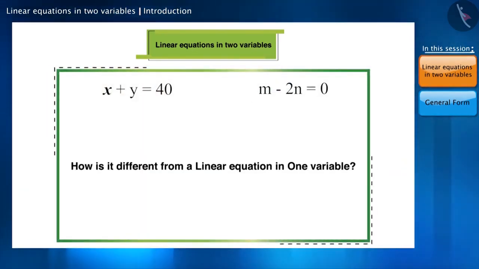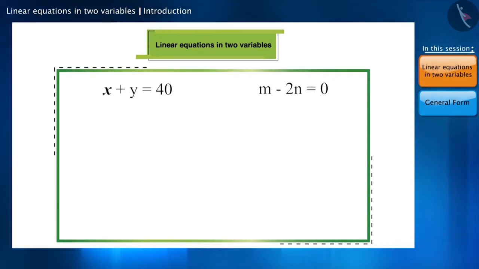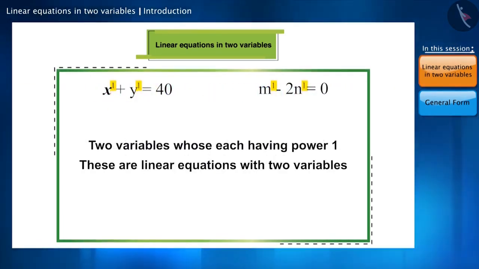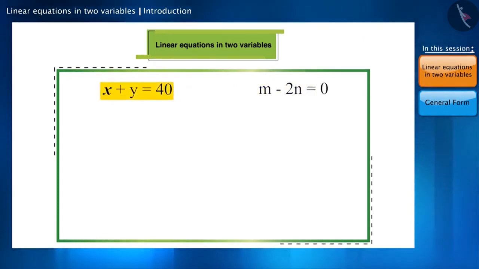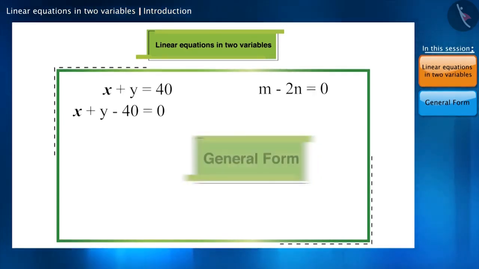Can you tell how these two equations are different from a linear equation in one variable? Come on, let's see. In these two equations, the variables are x, y and m, n. The maximum power of both is 1. Hence, both of them are linear equations in two variables. We can write the equation x plus y is equal to 40 and x plus y minus 40 is equal to 0 as well.